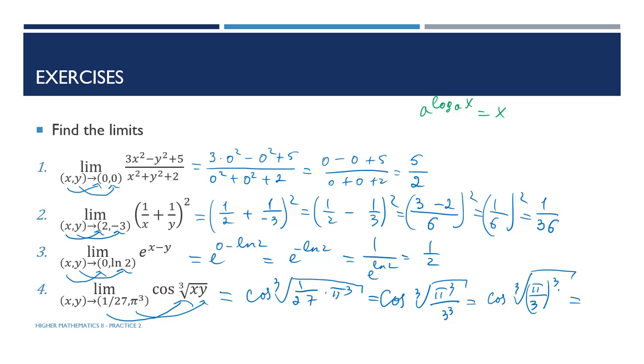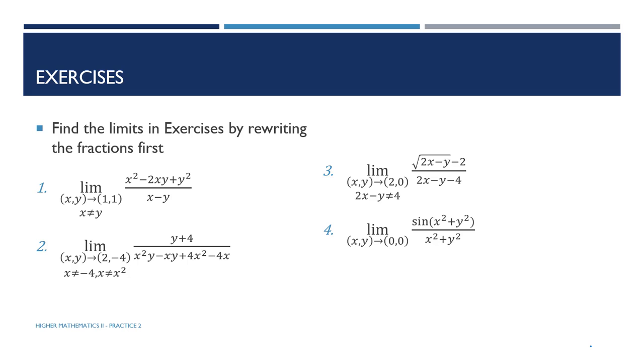Now this cube and cube root are gone. I will get cosine of pi over 3. Cosine of pi over 3 is 60 degrees. What is the value of cosine at 60 degrees? It's 1 over 2. Check the fourth exercise also. If it's correct, go for the next page.